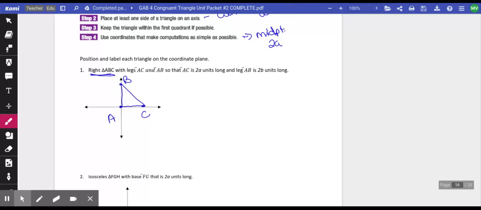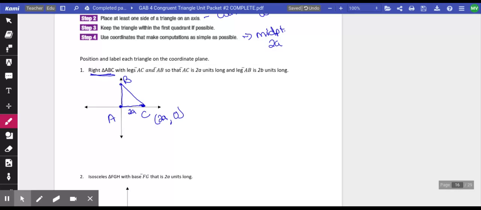Now it wants AC to be 2a units long. So if this is 2a units long, and I'm going from the origin over to C, C is on the x-axis, which means the y-coordinate is 0. So the x-coordinate is going to be 2a, so that when I do the distance from A to C, I get 2a.